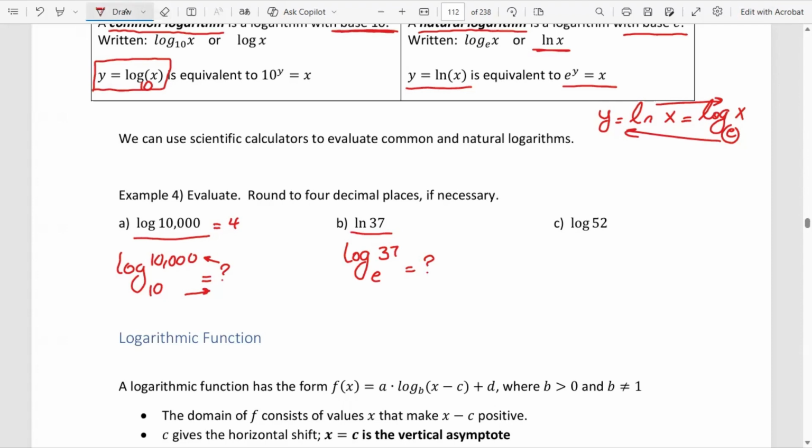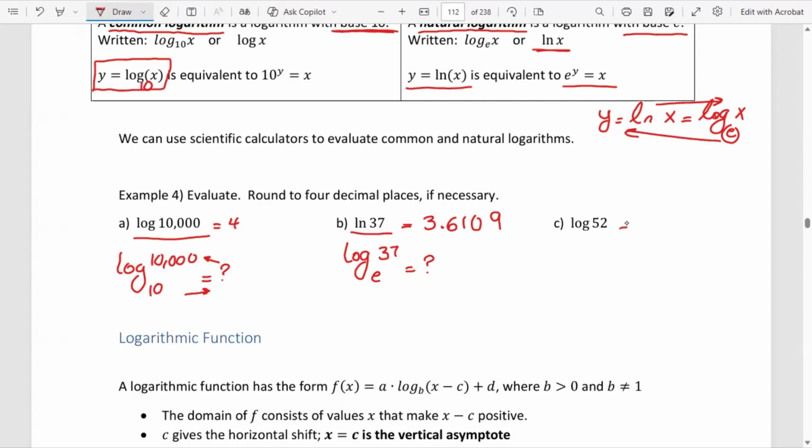There is another key for ln, the natural log, and we can use that key and find the ln of 37. And the answer is 3.6109. If we round it to 4 decimal places, that's where we have to stop.